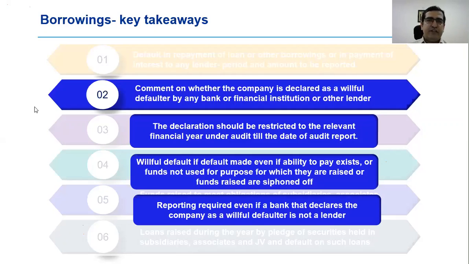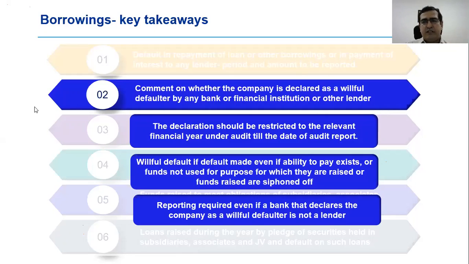Another instance of willful default is where the fund was raised for a specific purpose and it was not used for that purpose, but it was diverted. That again is a situation in which the bank can call out that particular borrower and classify them as a willful defaulter.